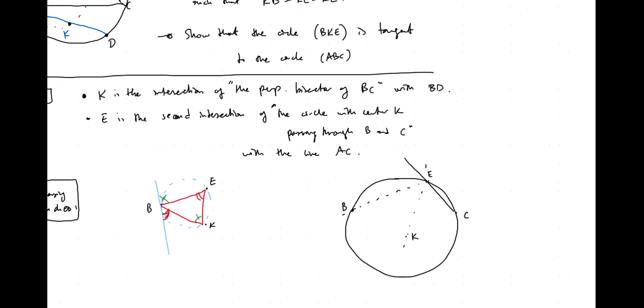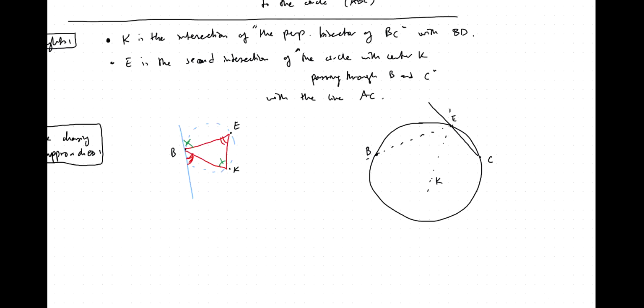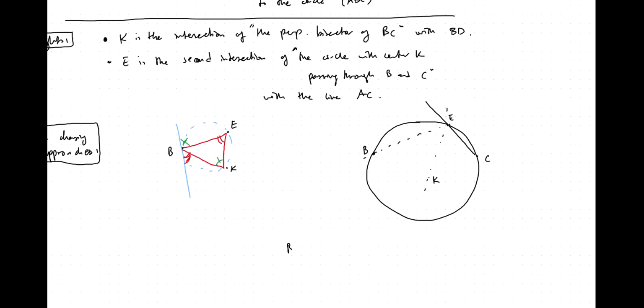You said BEK equals EBK. Yeah, sorry. What else? We also have angle KBC equal to BCK, which equals 90 minus angle B in the triangle ABC.